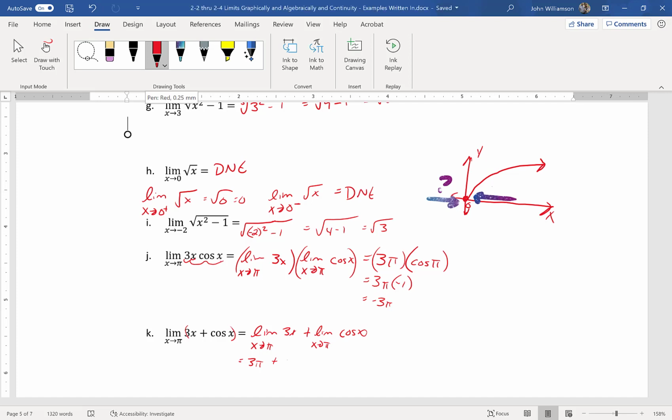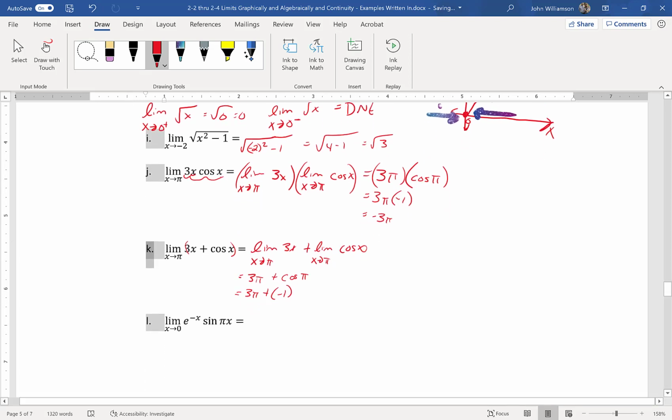And so this becomes cosine of pi again. So this becomes 3 pi plus -1, which then just becomes -1 plus 3 pi. Or you could leave it as 3 pi plus -1. Either way is fine.